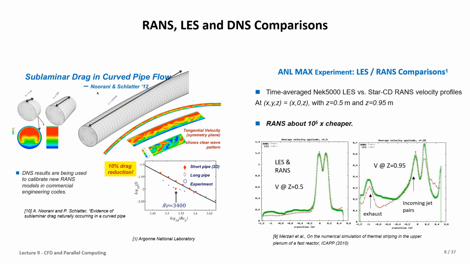The result from the LES is in green and the red color is the RANS. We can see for the first one, when Z is 0.5, the results of the LES and the RANS are close together and they match, and we can say RANS provides a proper result.